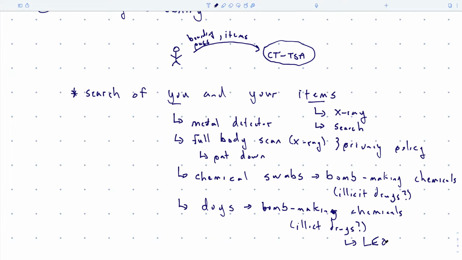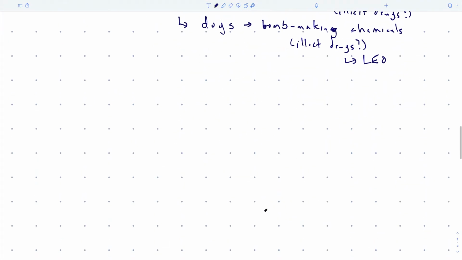Even plants that might have parasites that are local to a certain region, they don't want you to bring that into Canada because it might infect things here. And so border agents will take away lots of different things. If you bring fruit from different countries, they're going to try and stop that from coming across.